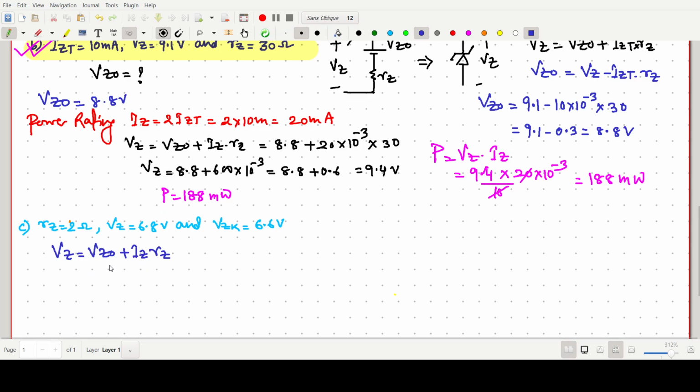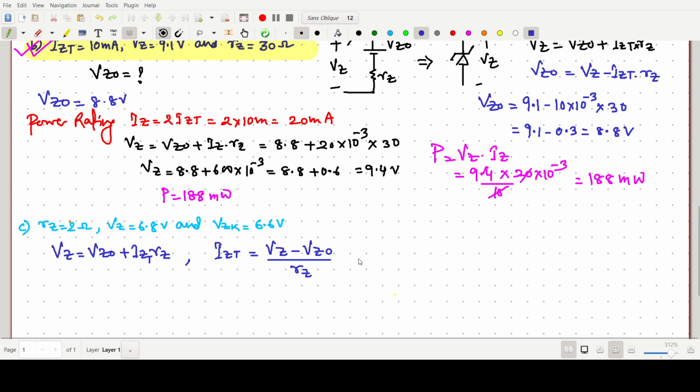So what we can do, Vz equals Vz naught. Simply we have to find the Izt value. Izt equals Vz minus Vz naught by Rz. Simple formula.